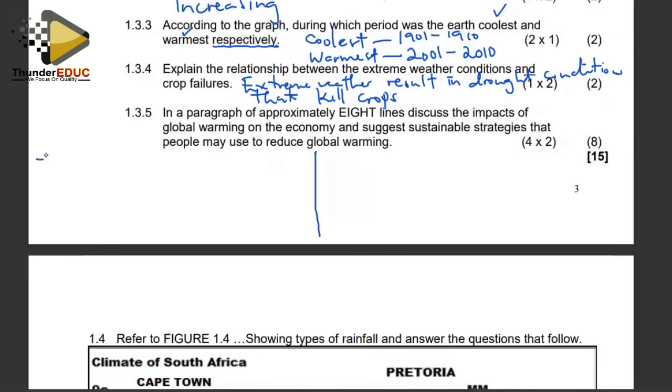Number one impact is increase in diseases. Remember, global warming leads to a number of diseases. What is going to happen if workers are exposed to a number of diseases? That leads to reduced productivity.